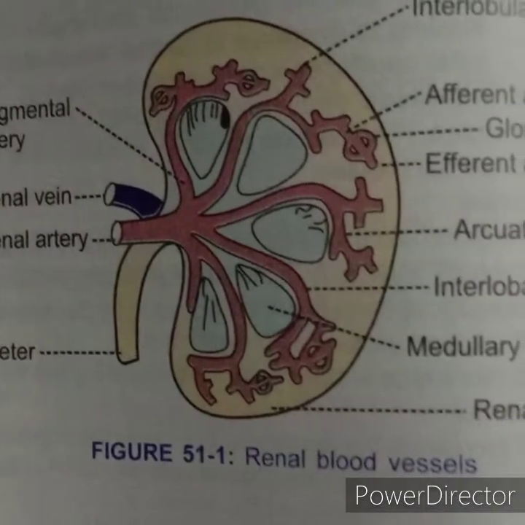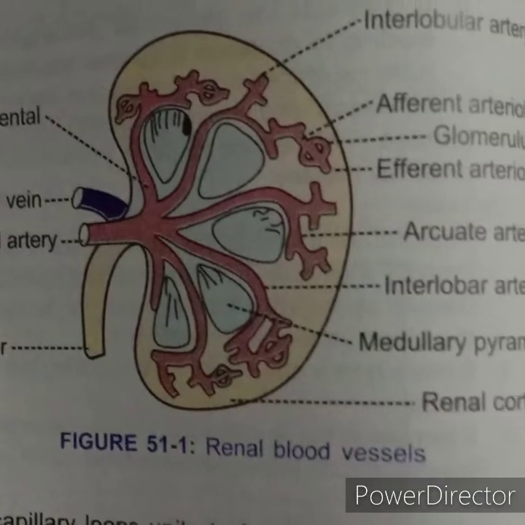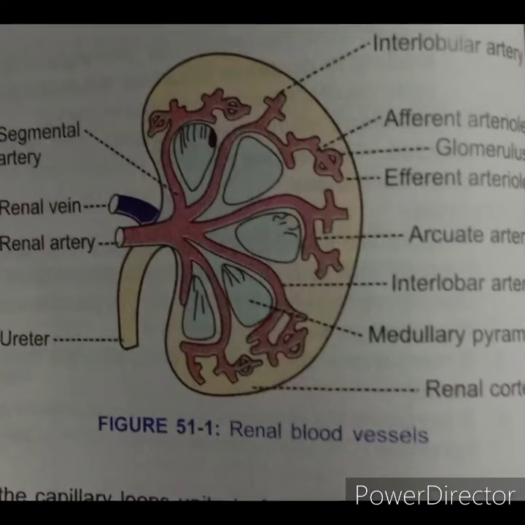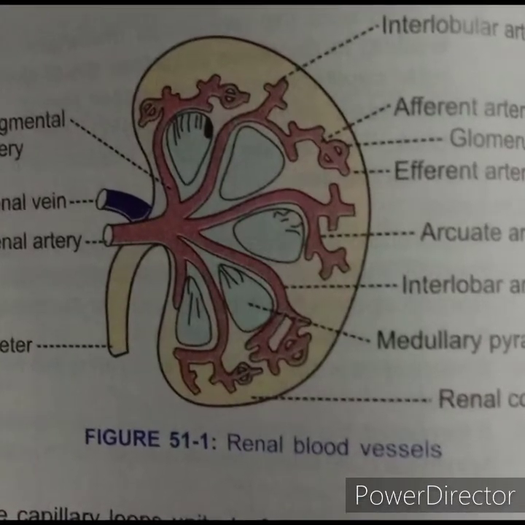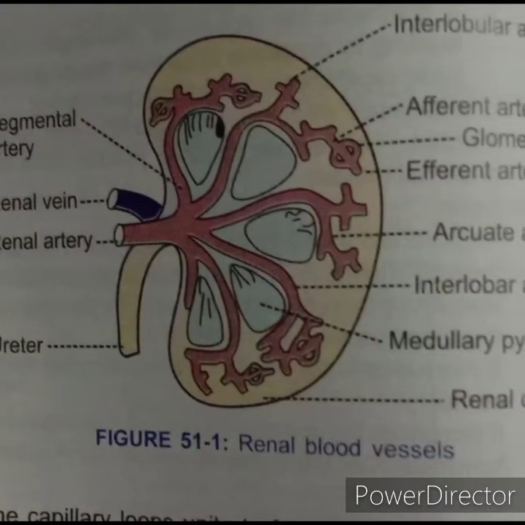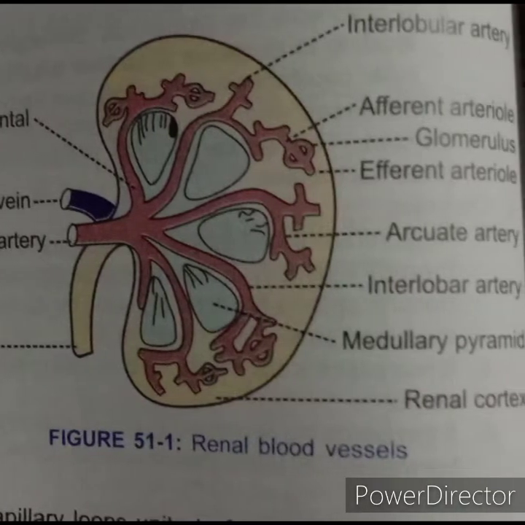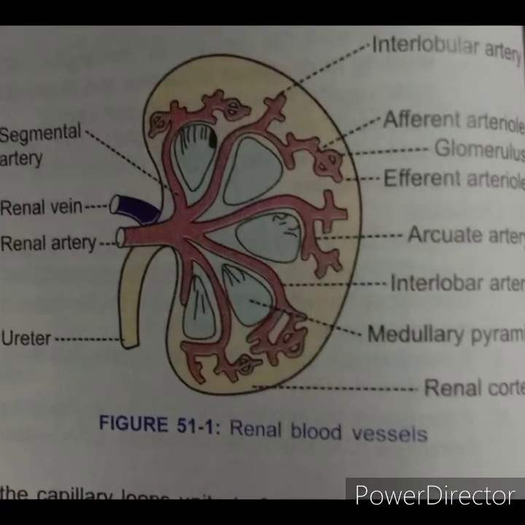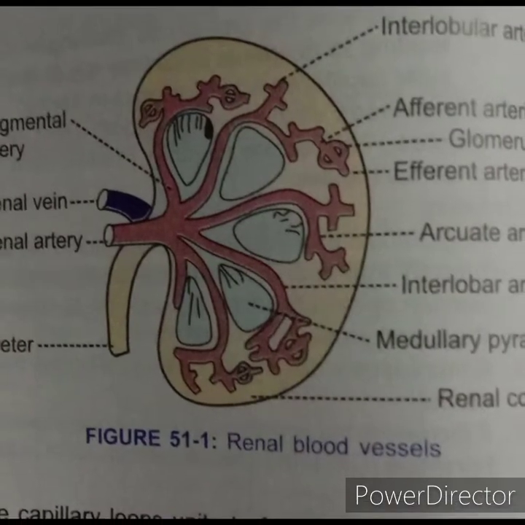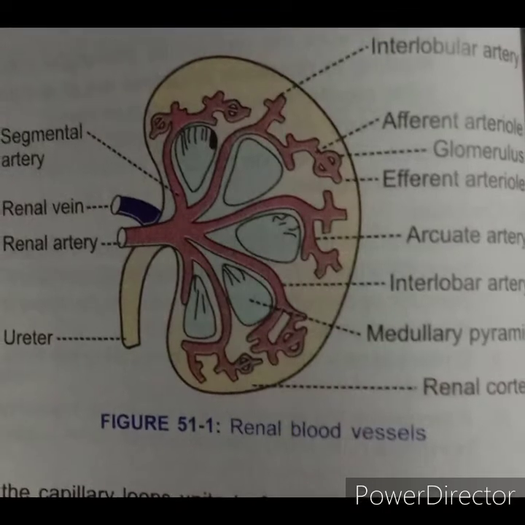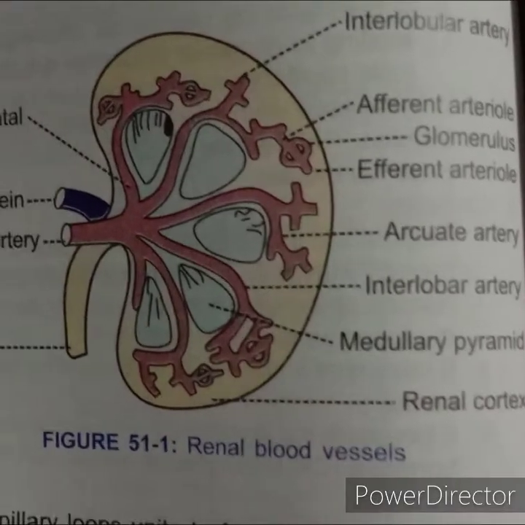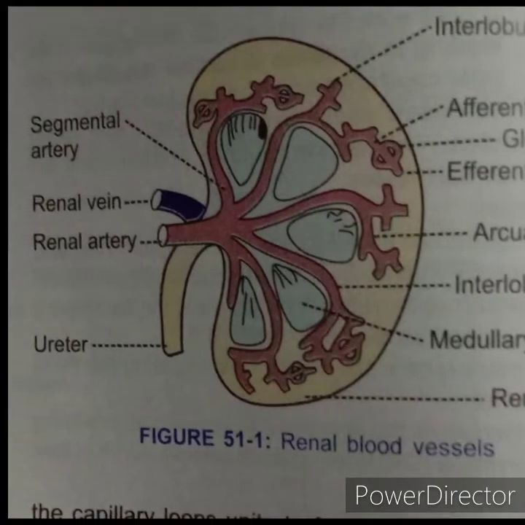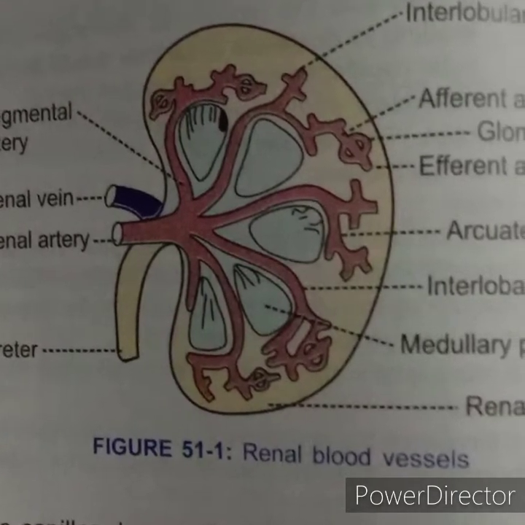The influx of calcium ions leads to contraction of smooth muscles in efferent arteriole, which causes constriction and increase in the resistance in efferent arteriole. So the blood flow is controlled. Tubuloglomerular feedback. Macula densa plays an important role in tubuloglomerular feedback, which controls the renal blood flow and GFR.